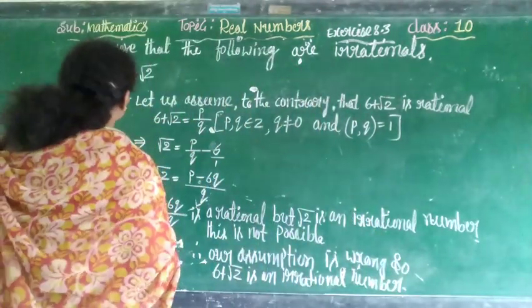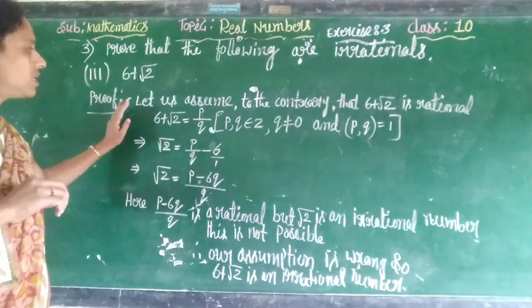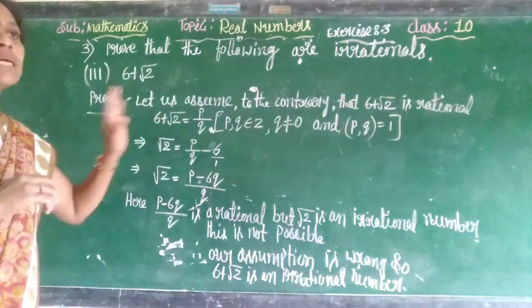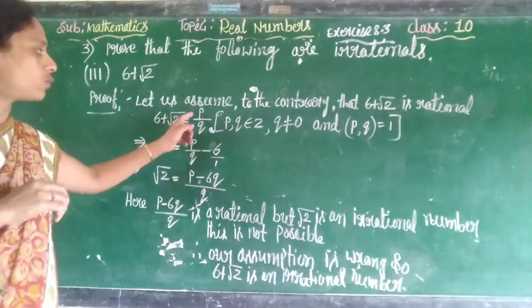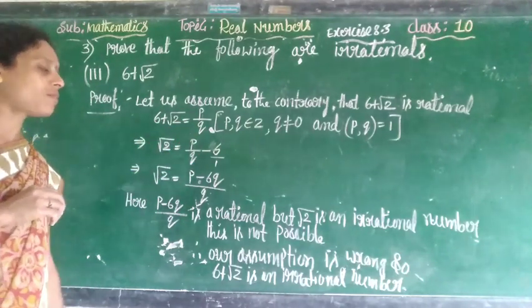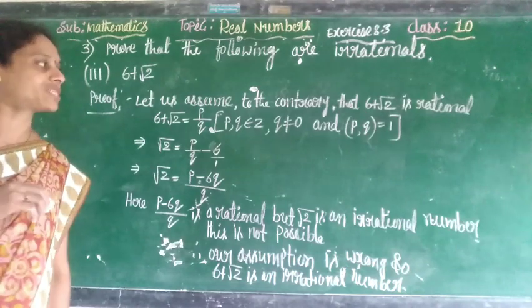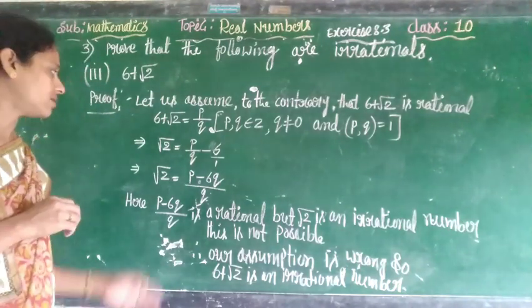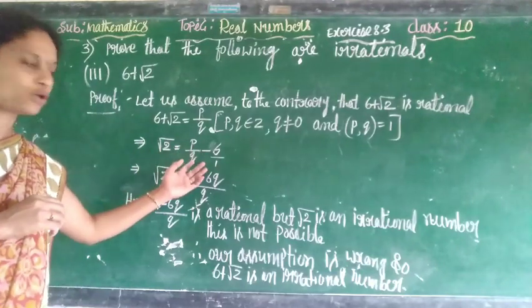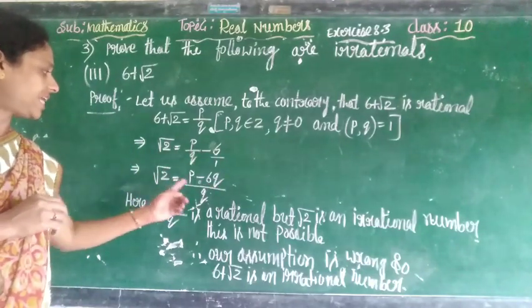Once again, 6 plus root 2. Assume that 6 plus root 2 is rational. 6 plus root 2 is equal to p by q, where p, q belong to Z, q is not equal to 0, and gcd(p, q) is equal to 1. Root 2 is equal to p by q minus 6. We take LCM.